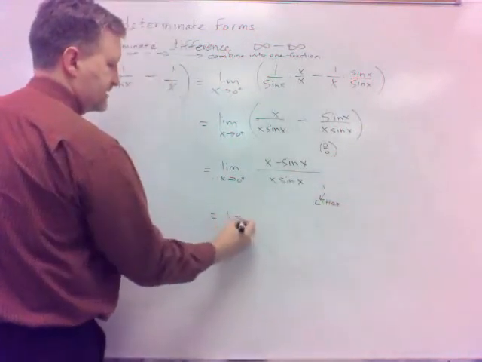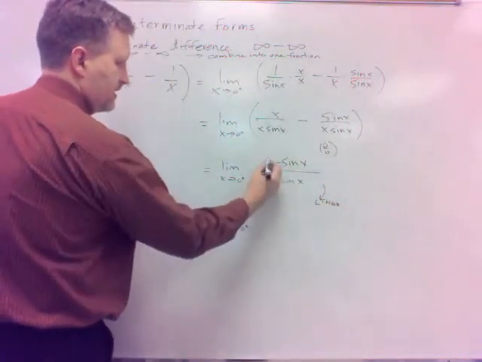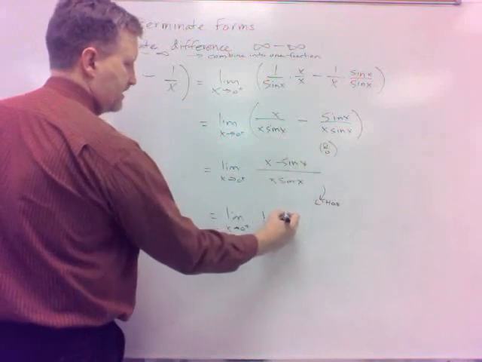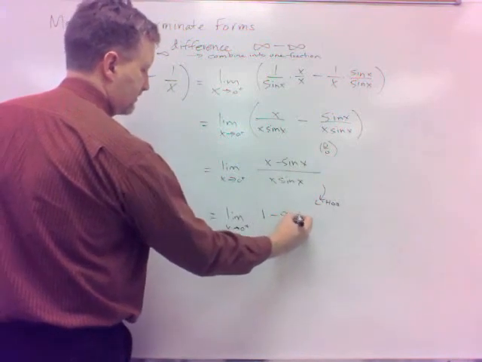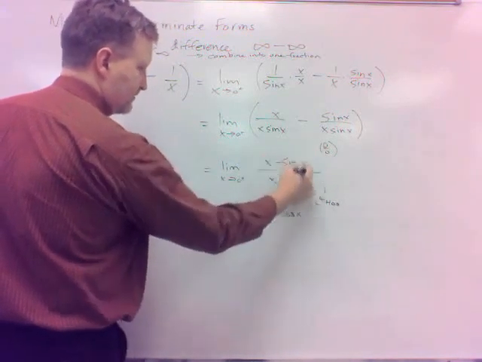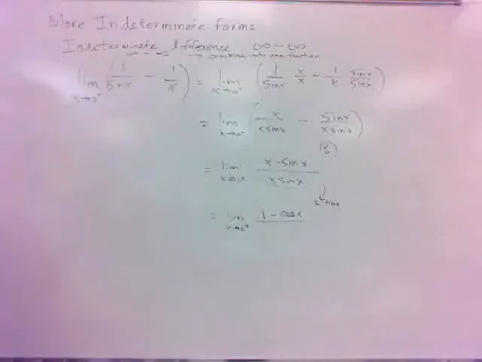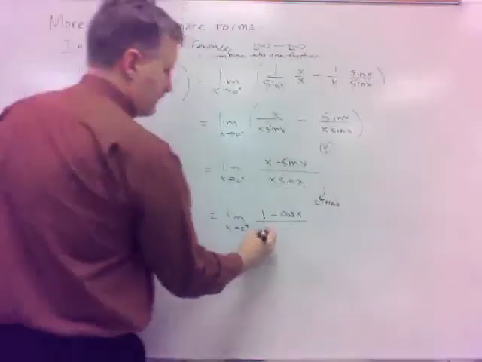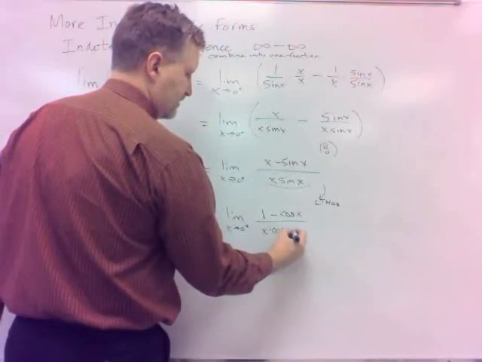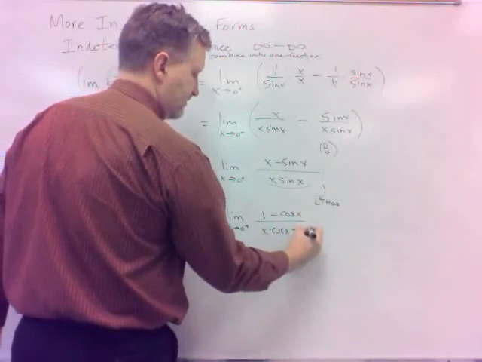So it becomes the limit as x approaches 0 from the right. Derivative of x is 1. Derivative of sine is cosine. Now what about the bottom? Got to use the product rule. First times the derivative of the second, plus the second times the derivative of the first.